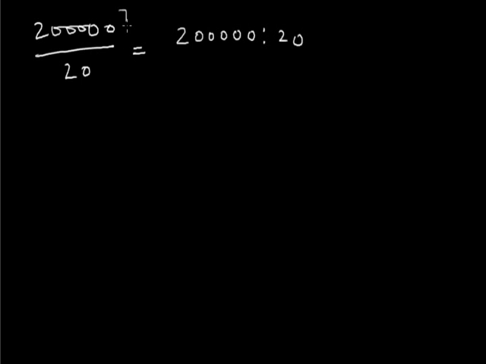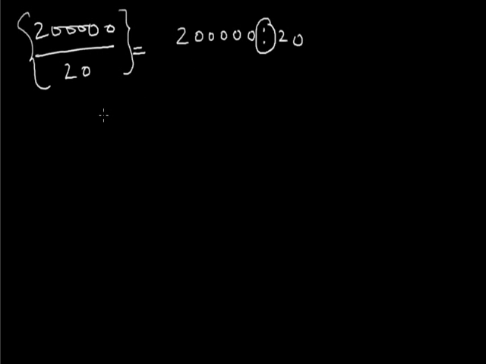This representation is a fraction, and it can also be represented using the format of ratio. Ratio is denoted by the symbol of two dots between the two numbers being compared.